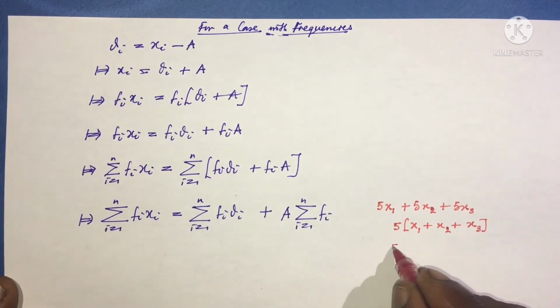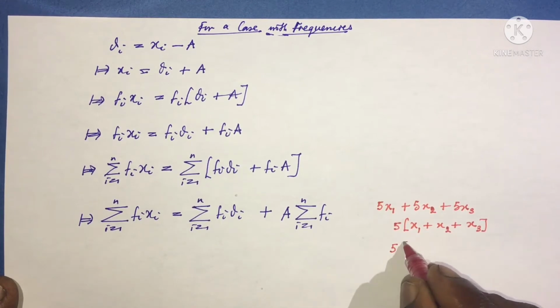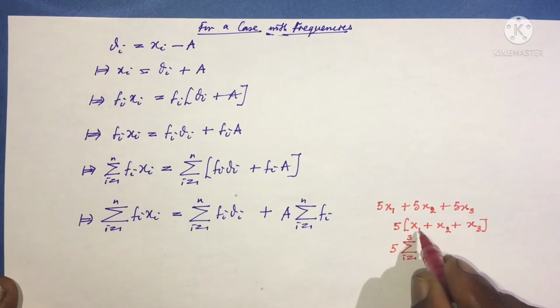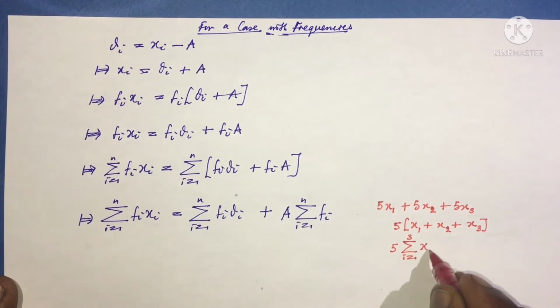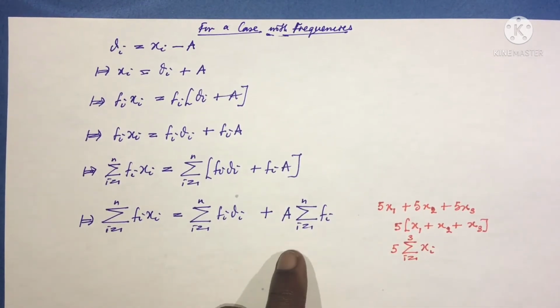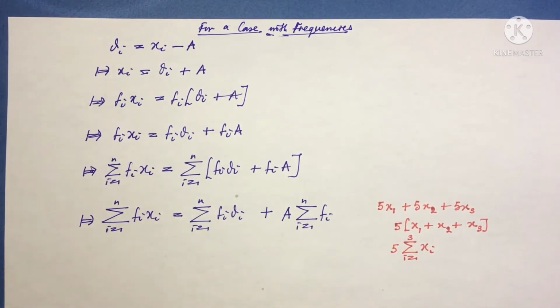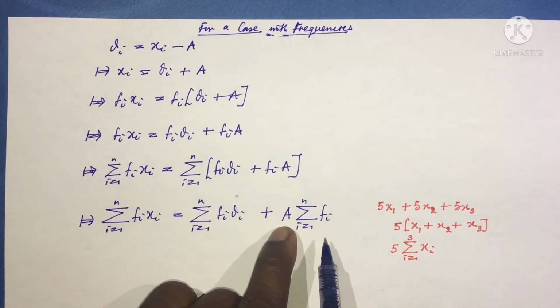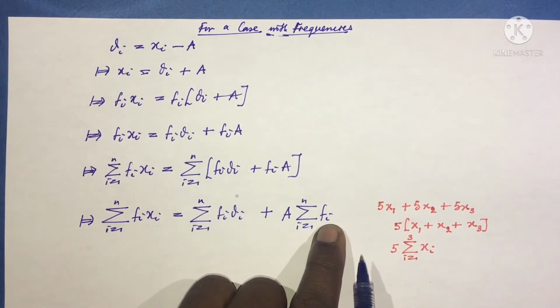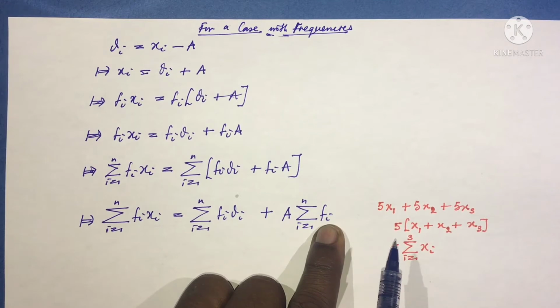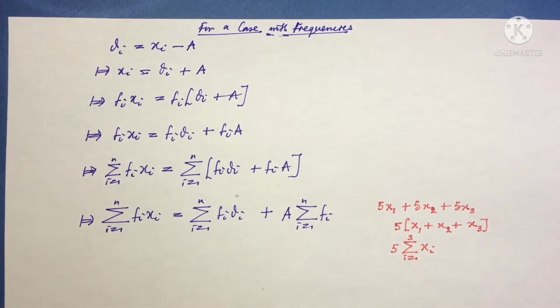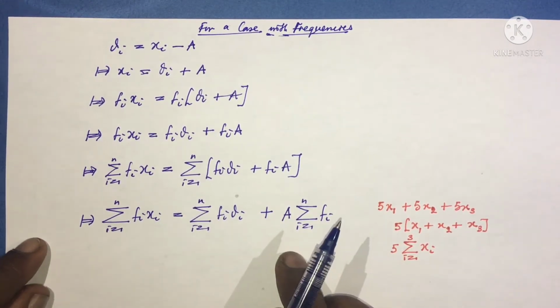And that, by our notation on summation, will be 5 times the summation from i equals 1 to 3 of all xi. So what is actually going on here is that when the summation, being a linear operator, operates on this, it will bring out the constant a and only affect fi. So that is what brought us to this point, okay?